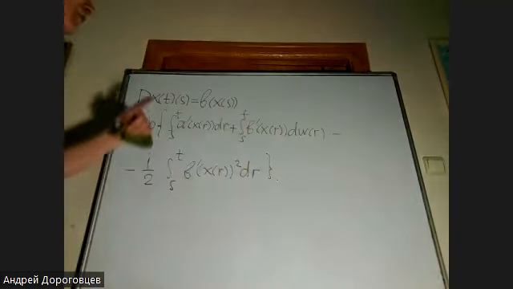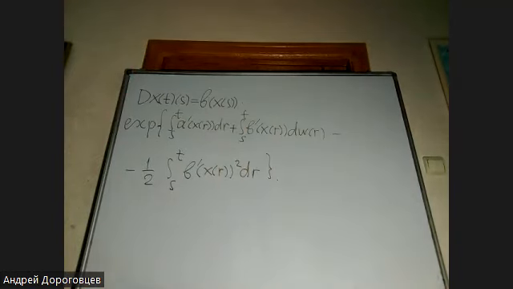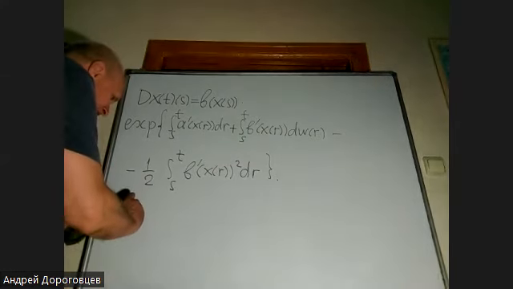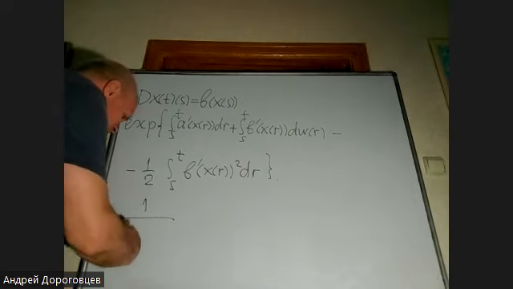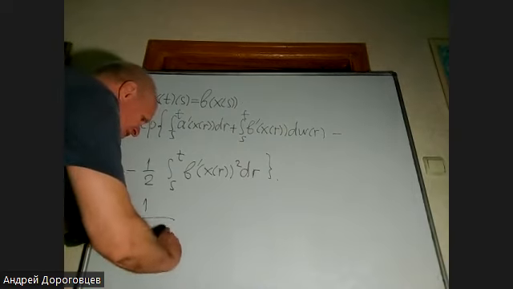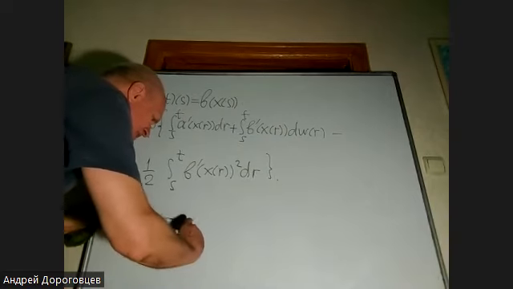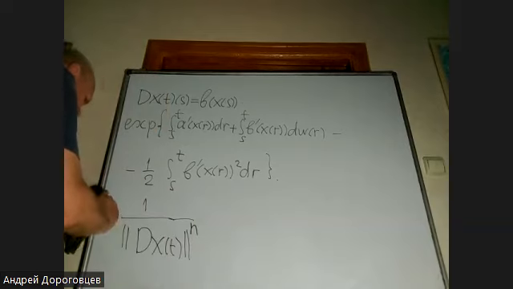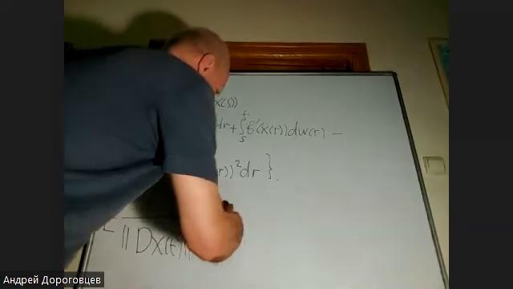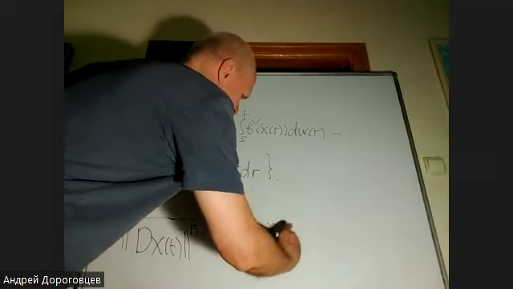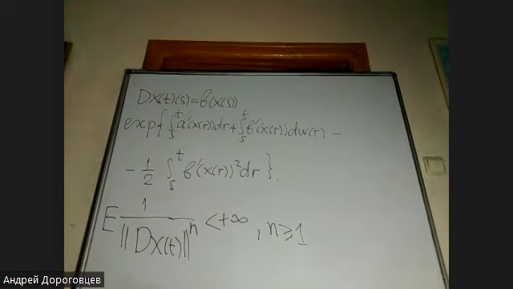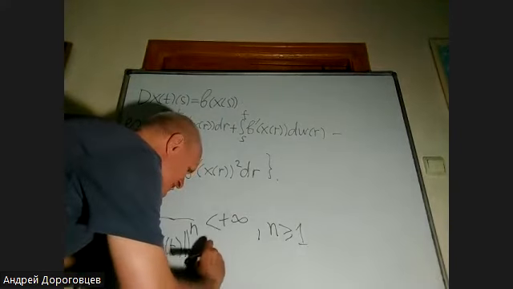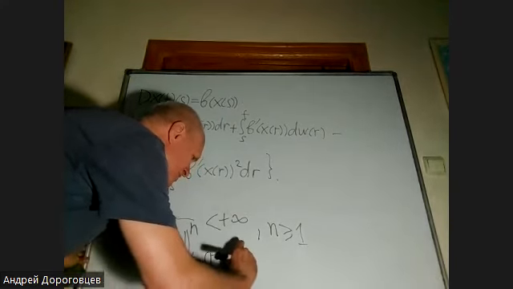From this point of view, I can say that the norm of dxt is integrable in any power n, so the expectation is less than infinity for any n greater than 1. So this is the L2 norm, a good news.